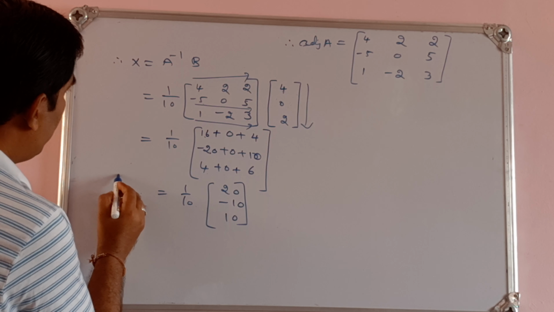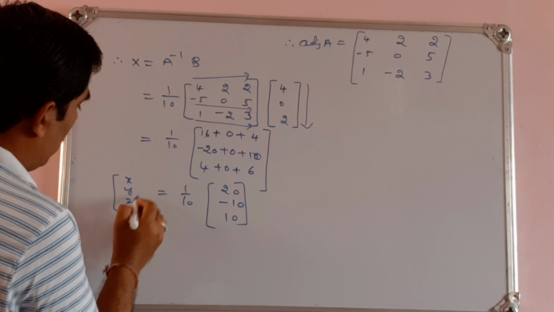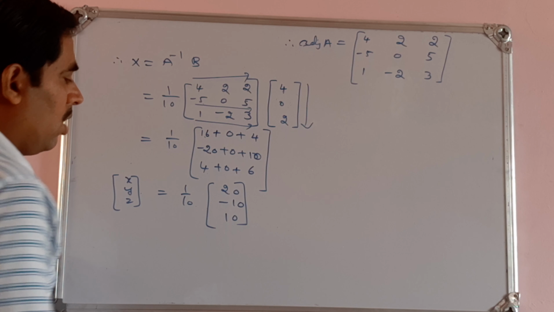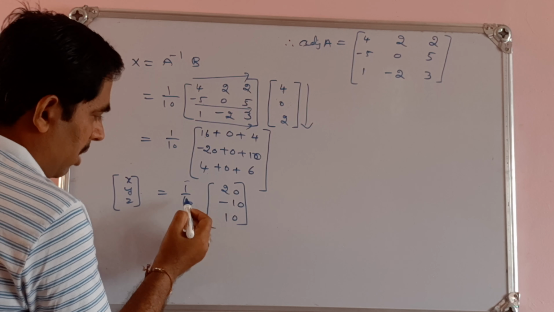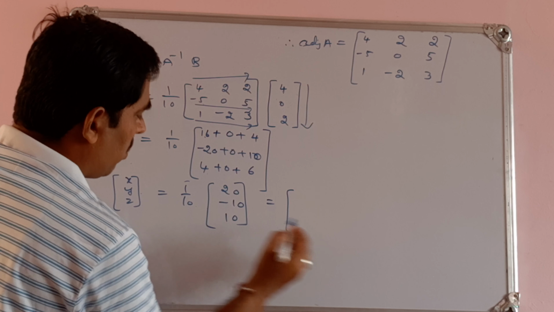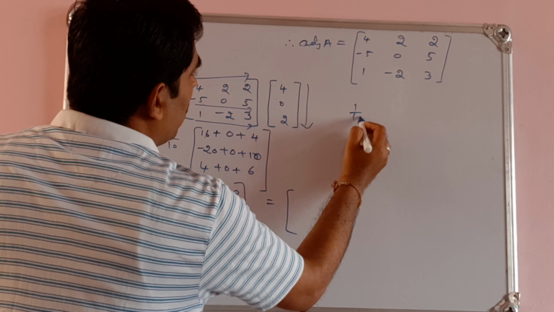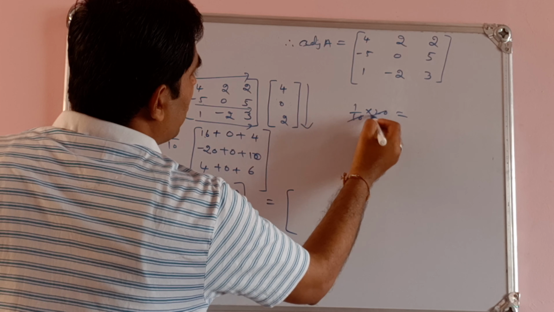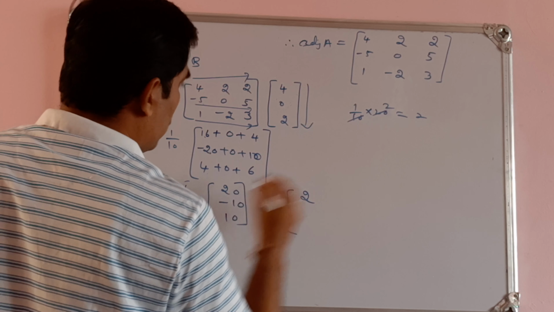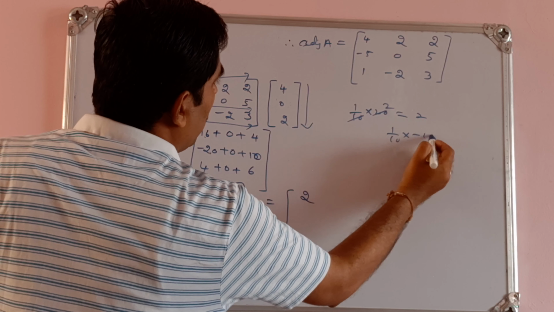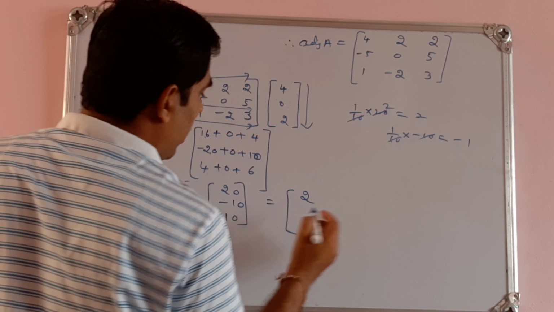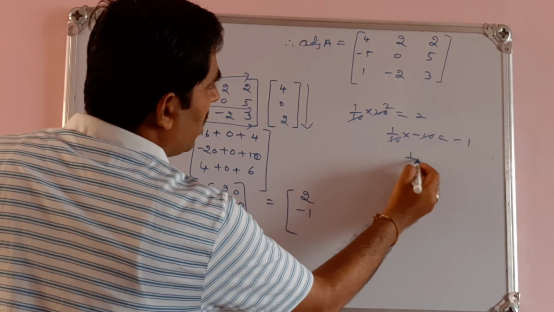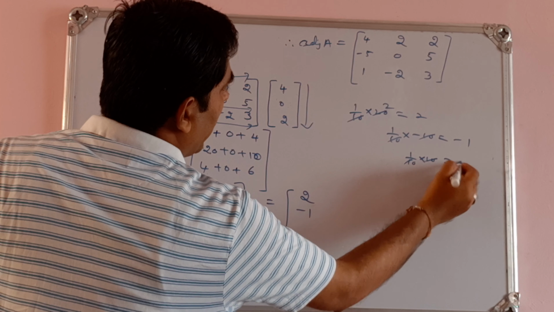On the left hand side I have x, which is a matrix of unknowns. Then you multiply every element by 1 by 10. On the right hand side, 1 by 10 into 20, cancelling, I will get 2. Then 1 by 10 into minus 10, the 10 cancels, I will get minus 1. Then 1 by 10 into 10, the 10 cancels, I will get 1.